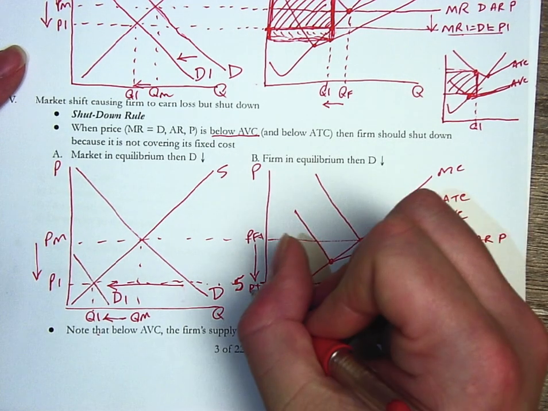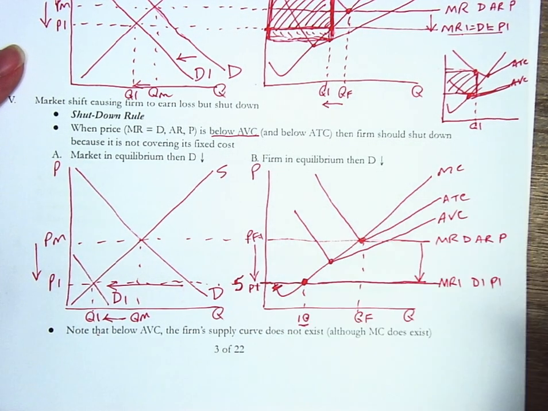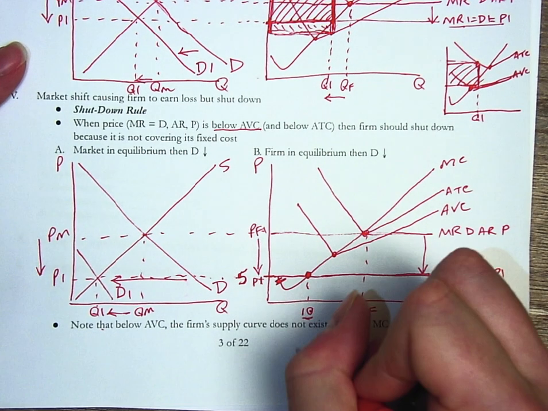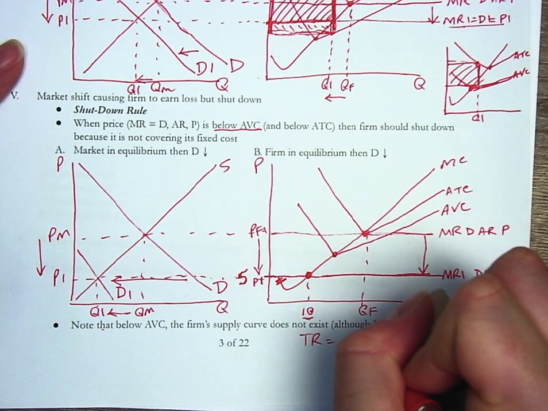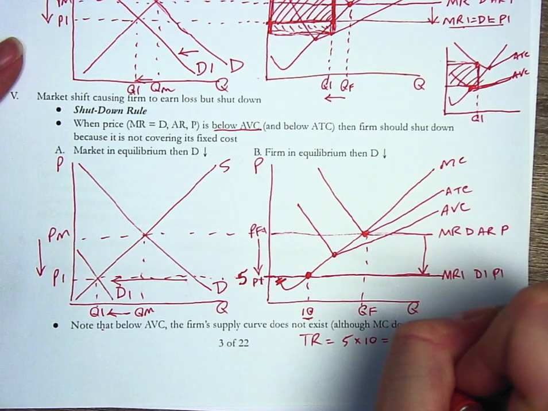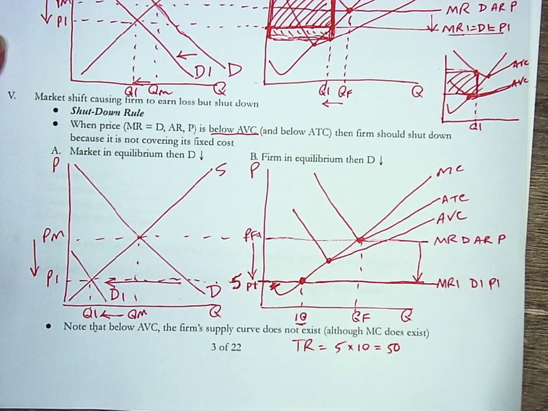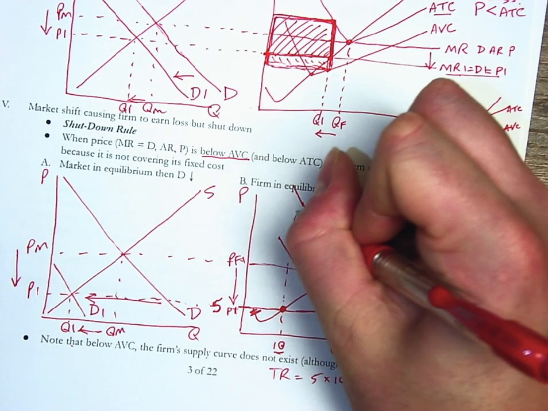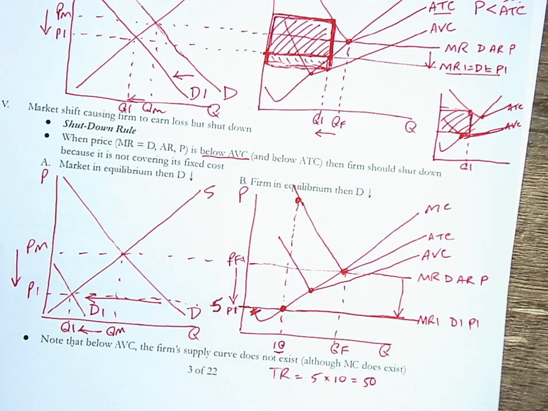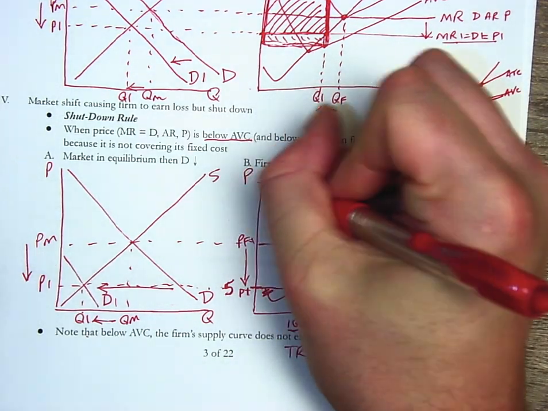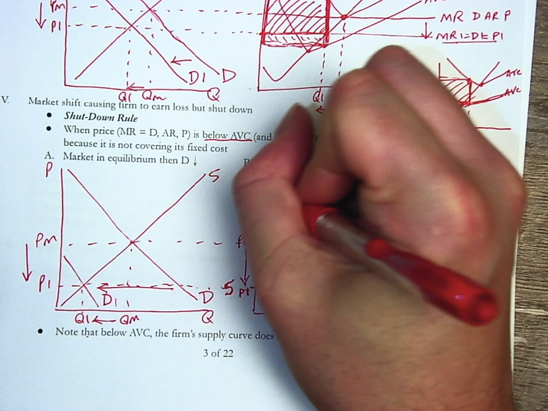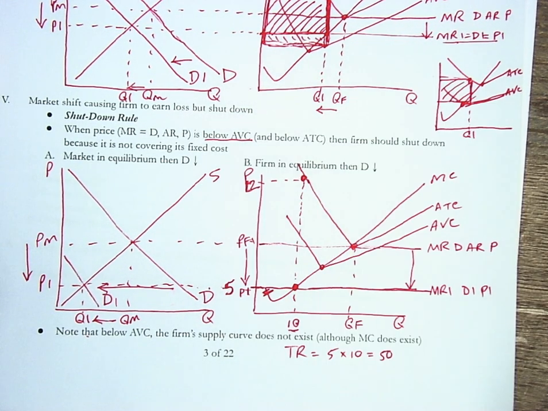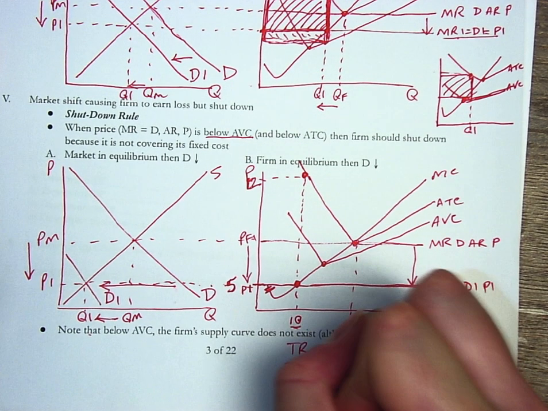So the total revenue at P1 and that quantity of 10 where they'd be producing is TR equals 5 times 10, which is 50. Now what's their total cost? Well, it's going to be at that 10 all the way up to the ATC, and we need a value, so I'm just going to assign, say, $12.